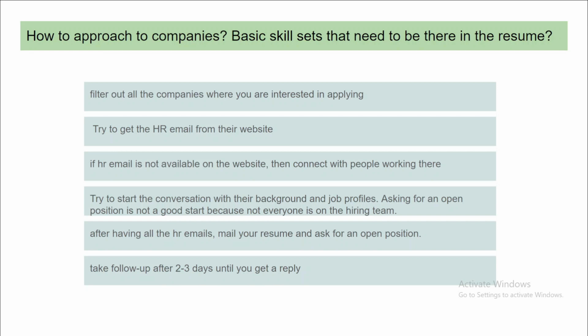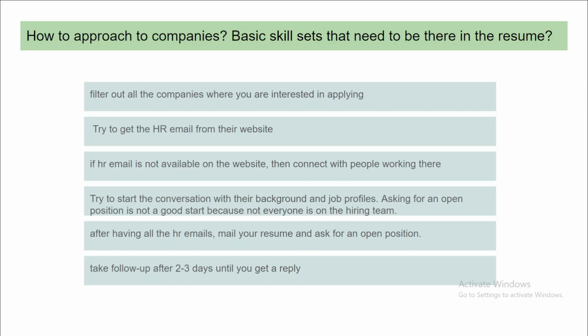These are the skills he or she is using for this job profile, and whether I should have those skills in my skill set or not. If you don't have them, you start preparing for those skills. Then after having these conversations, you can ask, is there any open position in your company?